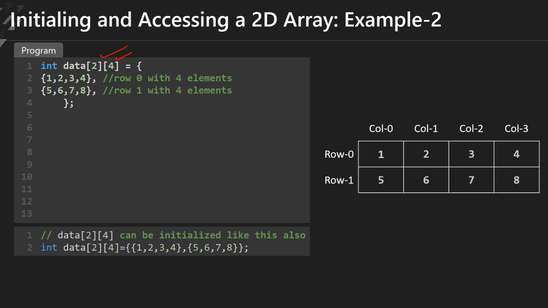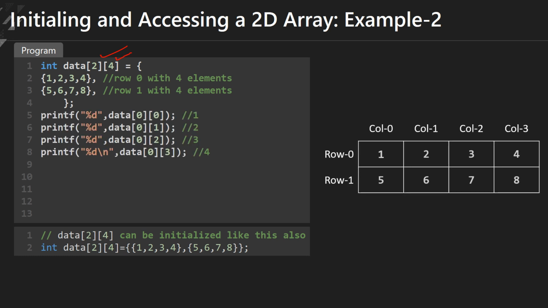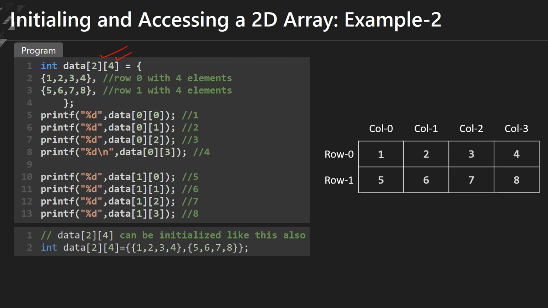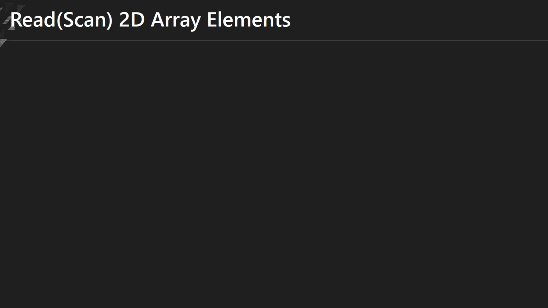To access, again it is 0 0 for the first row's first element, then the second, third and fourth elements. Similarly for the second row, 1 0, 1 1, 1 2, 1 3 and so on. Like this you can write any program using a two-dimensional array. So let us move on.